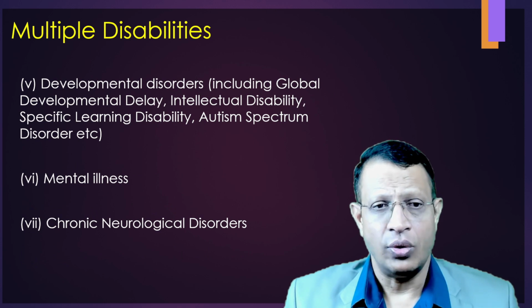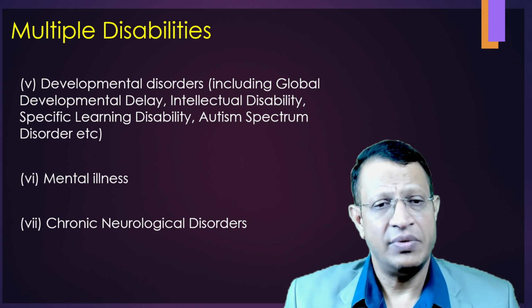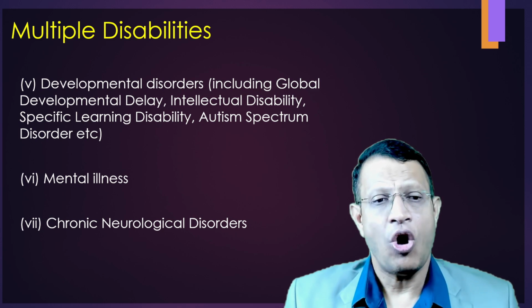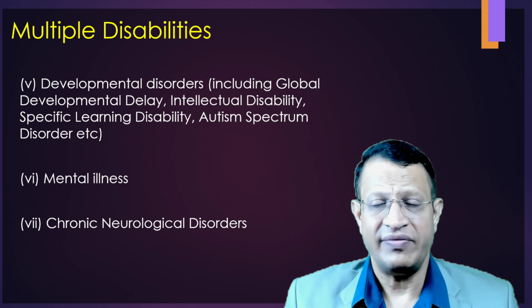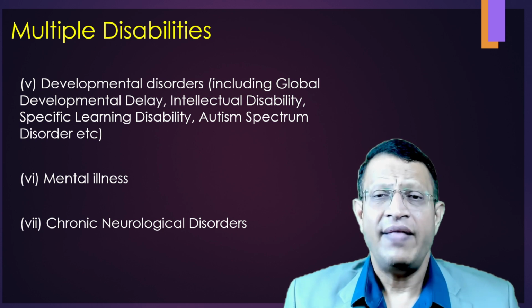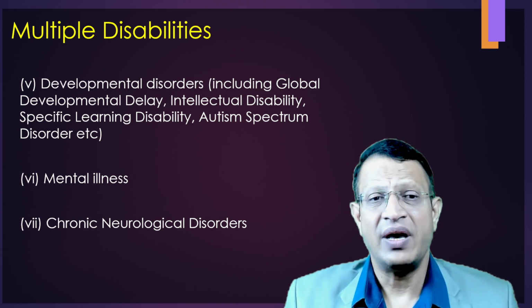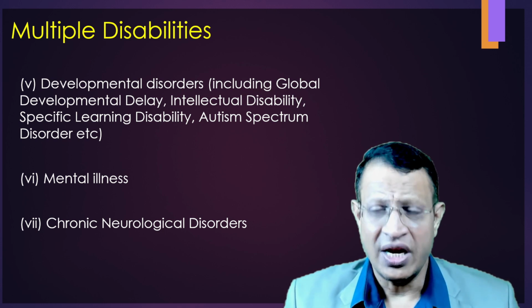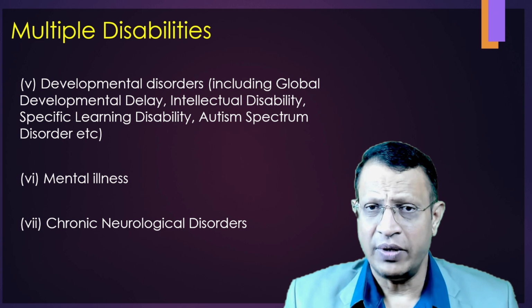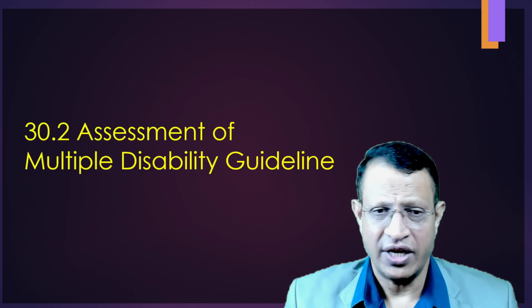Developmental disorders include global developmental delay, intellectual disability, specific learning disability, autism spectrum disorders. Sixth one is mental illness, and seventh is chronic neurological disorder. That means a combination of these 7 can only be considered as multiple disability. This is as per the Gazette notification. That means there is a discrepancy between the RPWD Act and the Gazette notification.